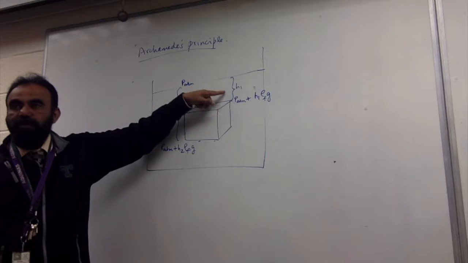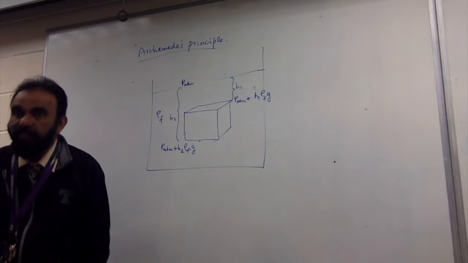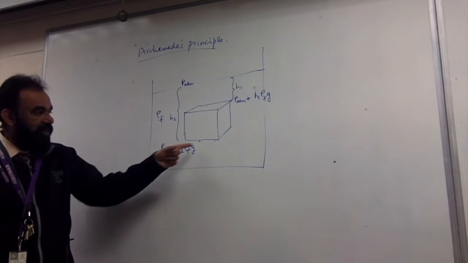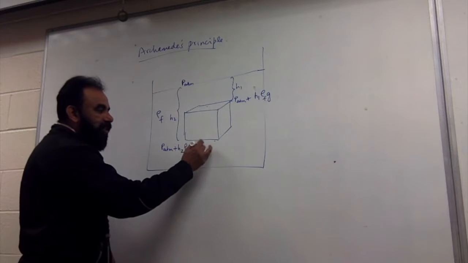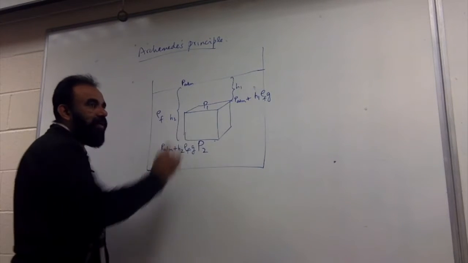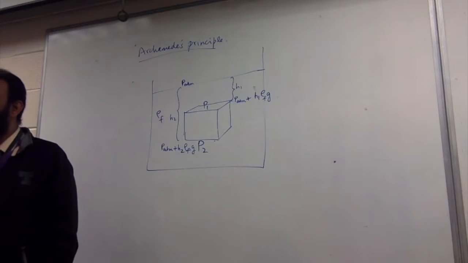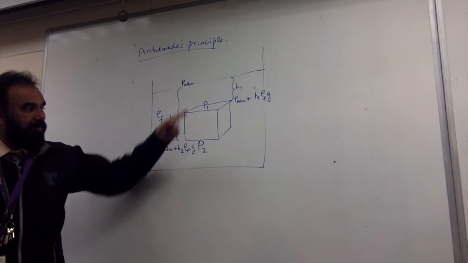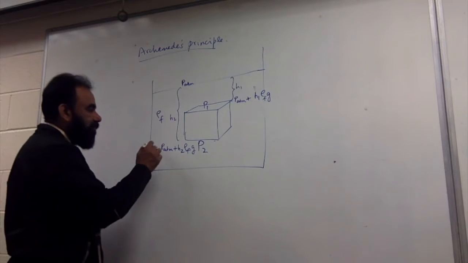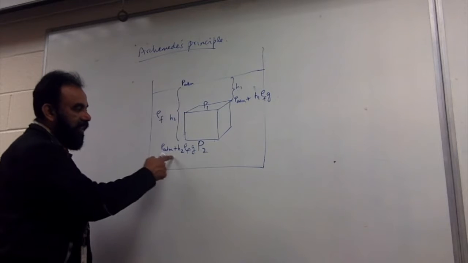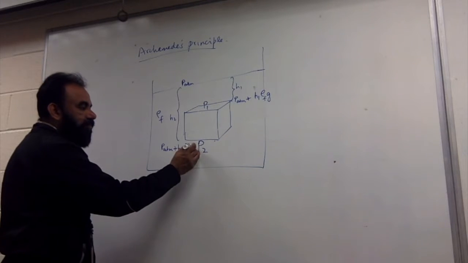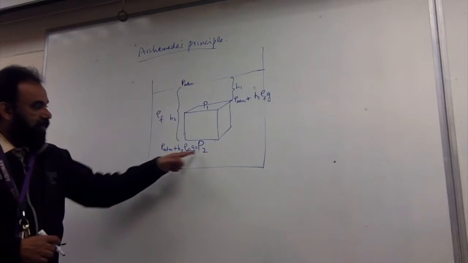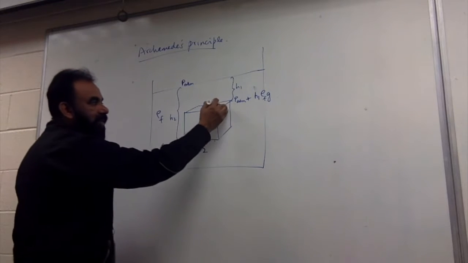H1 is definitely smaller. So the deeper you go, the higher the pressure. So this pressure P2 is bigger than pressure P1. That is pressure P2, and P1 is that one.